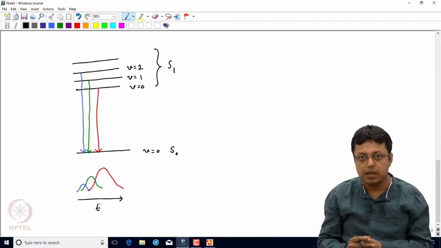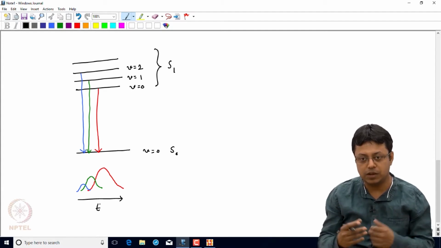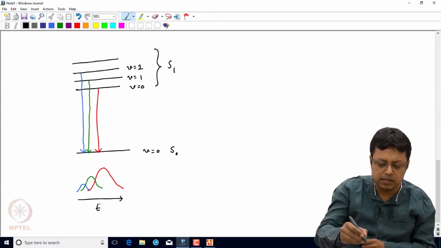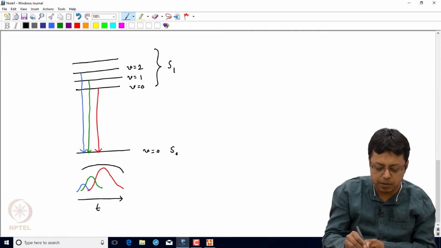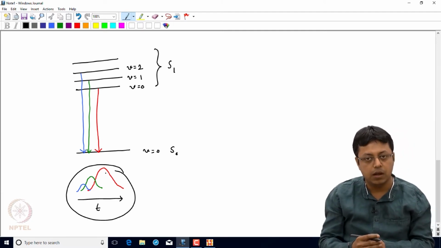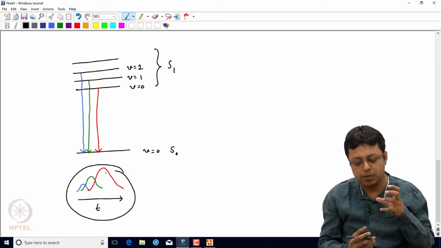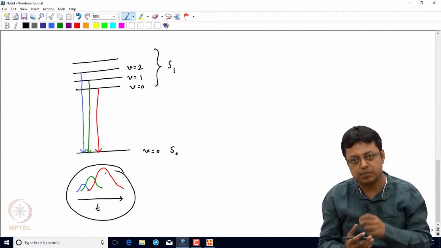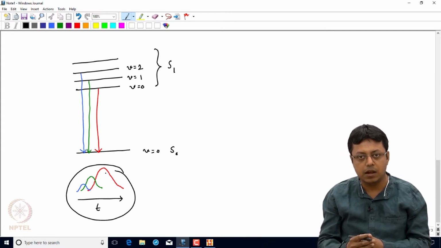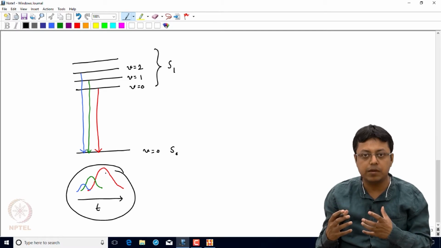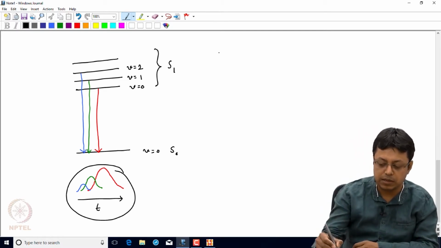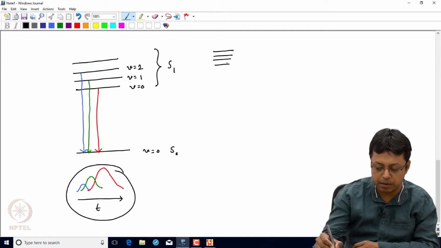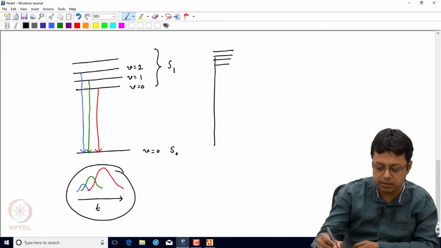What we are considering is actually a solvation effect. This change in the fluorescence due to vibrational relaxation, we are going to ignore, because this shift in the fluorescence spectrum is too fast to capture, and the contributions are also very little. So a major contribution is coming from the solvation effect, where of course there is a vibrational relaxation that will happen, and which will be much faster after the excitation.